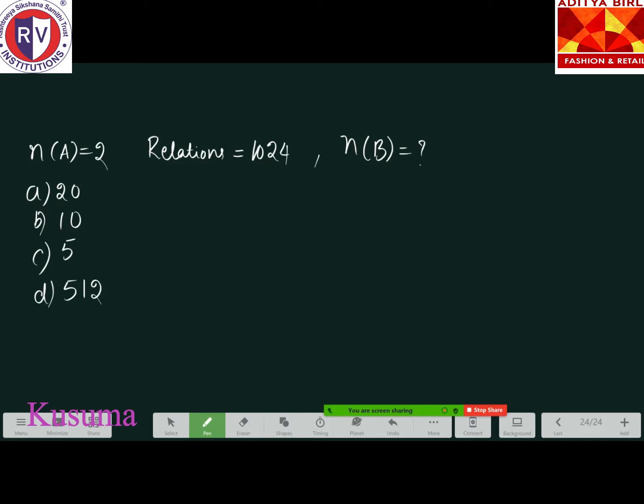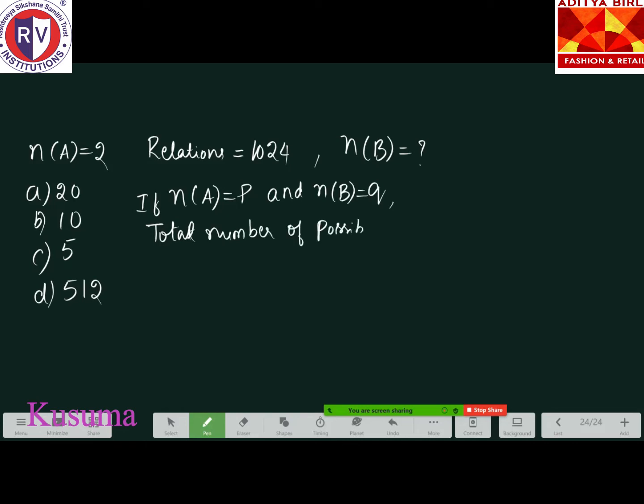Okay. So remember this thing. If n of A is equal to P and n of B is equal to Q, then the total number of possible relations from A to B is 2 to the power of PQ.